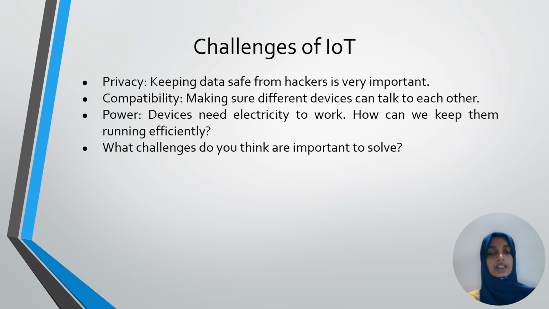Compatibility means making sure different devices can talk to each other. Power means the devices need electricity to work. So all these are the challenges which we need to face. What challenges do you think are important to solve?